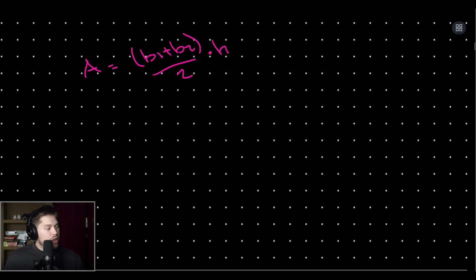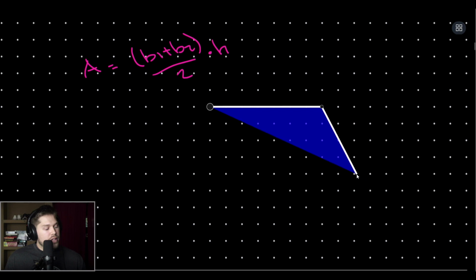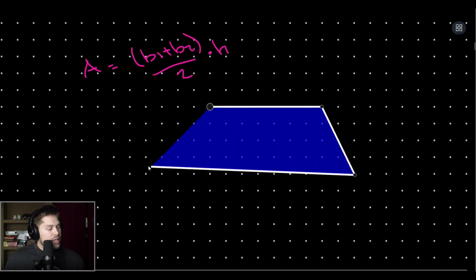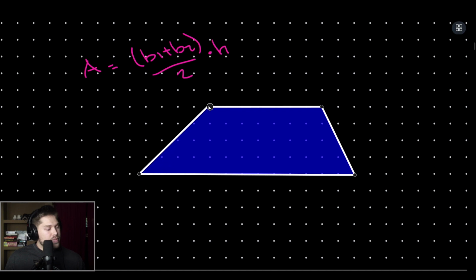Okay, so let's draw another trapezoid. Here we have some trapezoid. And let's go ahead and sketch the midsegment. Here it is. Now, how are we going to prove that the area is equal to base 1 plus base 2 divided by 2 times the height?